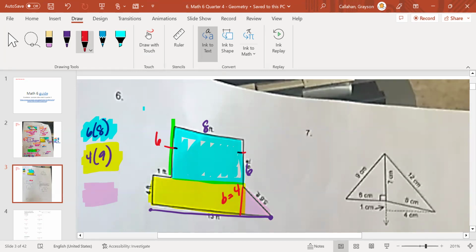Yep, and then base times, I'm sorry, that's not your base, that's your height. Sorry, I meant height, not base. That's your height. Okay. Where's your base? My base is gonna be right here, this green line. What's your base gonna be? 5.6. No, that's your hypotenuse. This part is not a base. That's a hypotenuse.